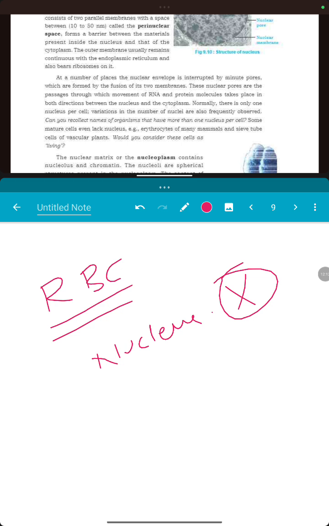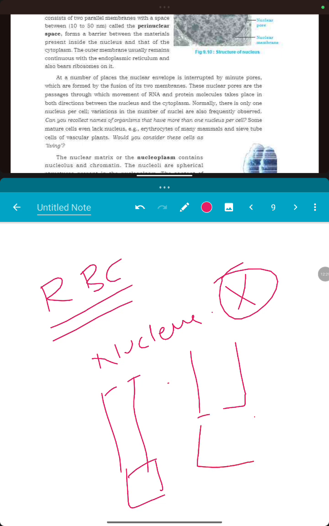Vascular plants means the food pipes of plants transport water through pipes.